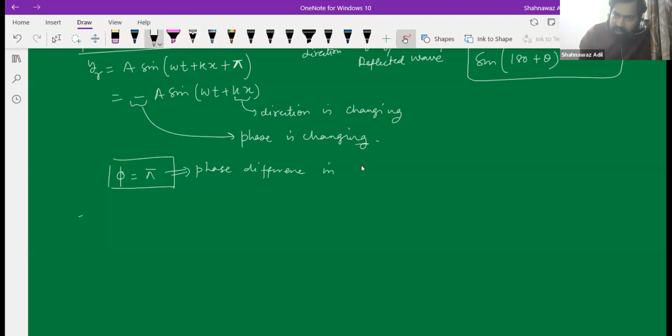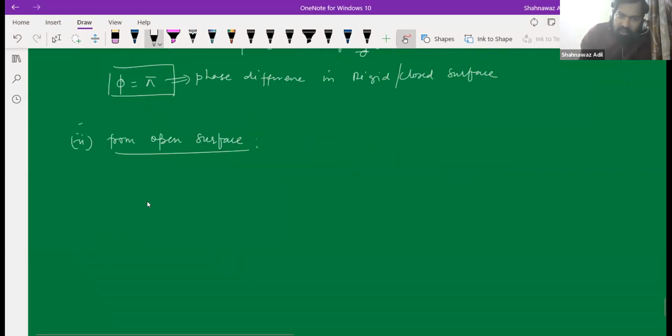But let's say the wave is falling on a fluid, so from an open surface. From an open surface, the phase difference is zero, right? There is no phase difference.